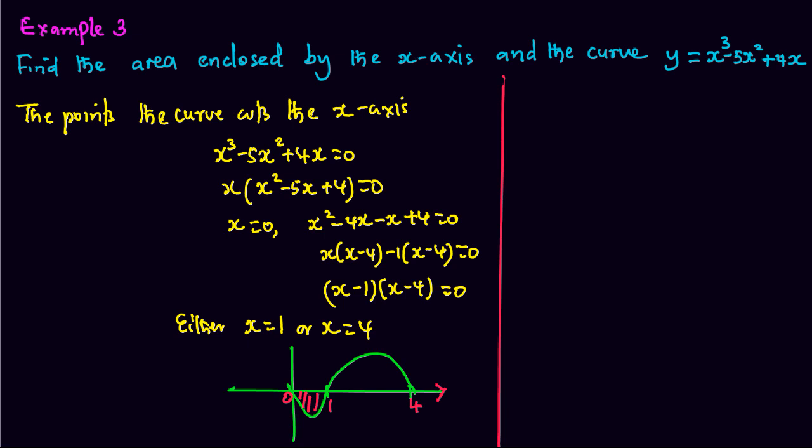Area will be equal to the integration of the expression on the left-hand side, which will be x raised to power 4 over 4 minus 5x cubed over 3 plus 4x squared over 2 between 0 and 1. That is for the first part.